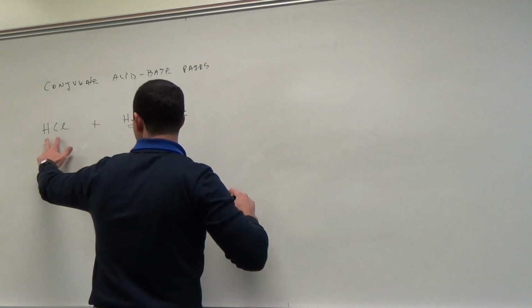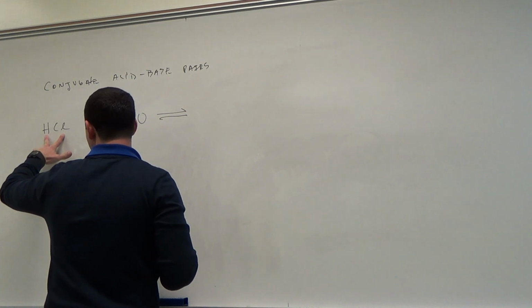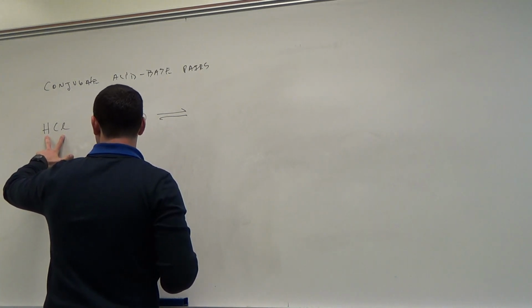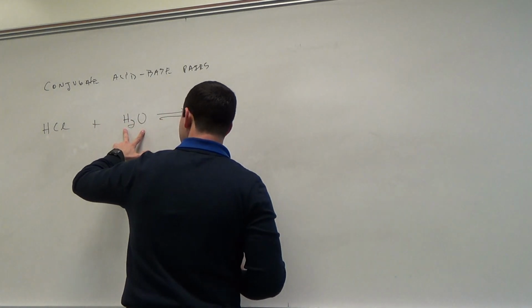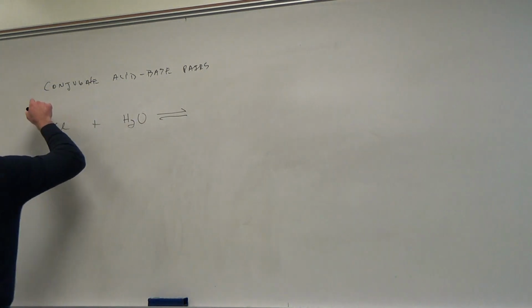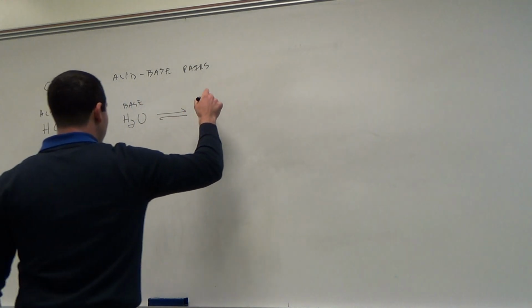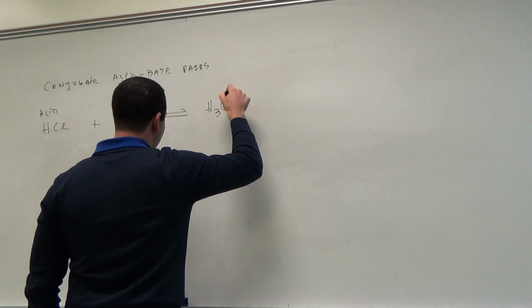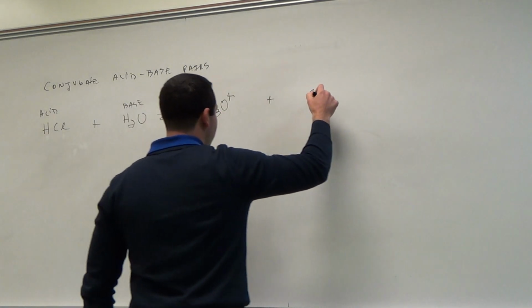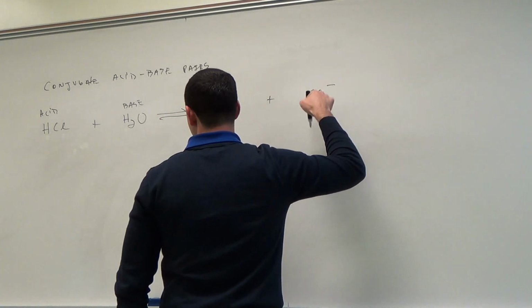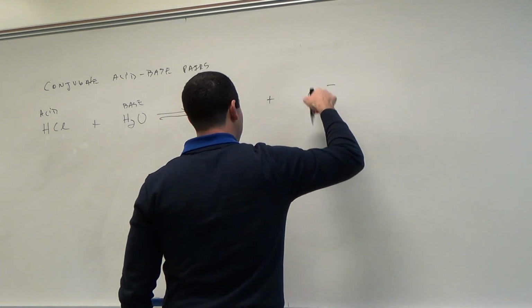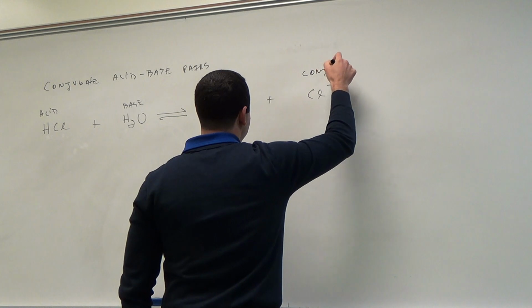This is going to act like the acid, and this is going to act like the base. So this will become H3O plus and Cl minus. What is this Cl minus called? The conjugate base.